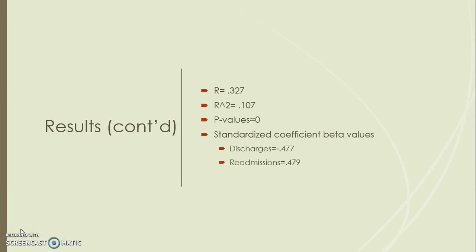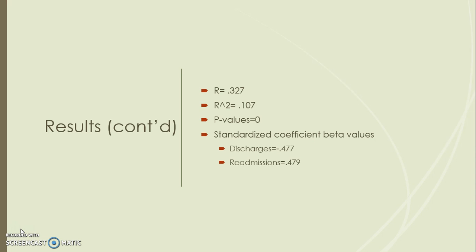Multiple linear regression was performed to analyze the relationship between the independent variables, average number of discharges and average number of readmissions, and the dependent variable, excess ratio of readmissions. R was equal to 0.327, R squared is equal to 1.07, and adjusted R is 1.107.